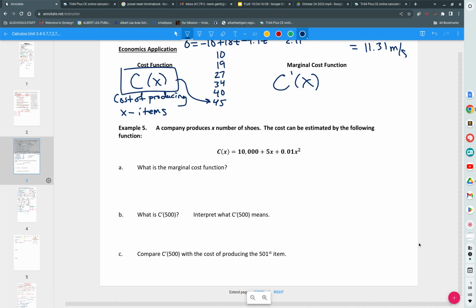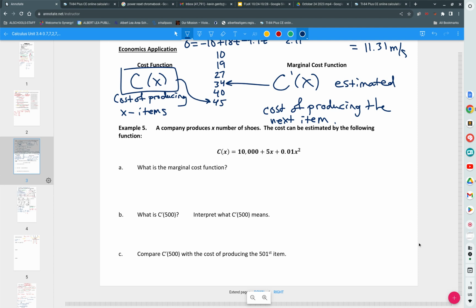And that is the estimated cost of producing the next item. So for example, if you were to find C prime of X right here, you would say, oh, well, the cost of producing the next item would be about $6. See that? Whereas the total cost would be, say, $34. That's the difference between the two.